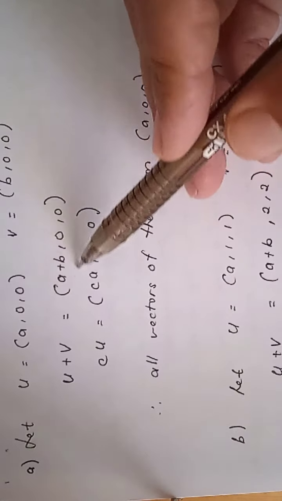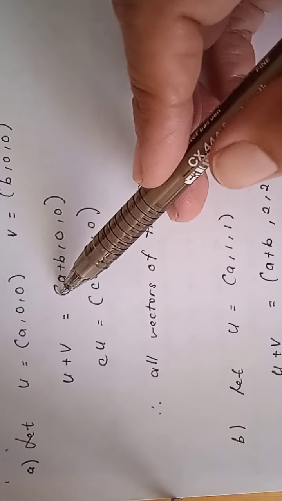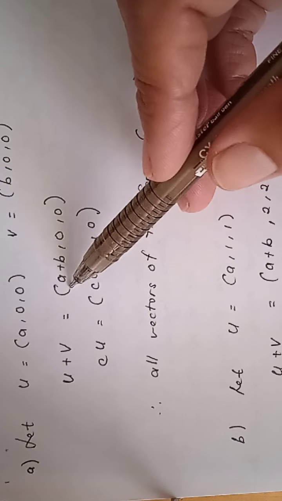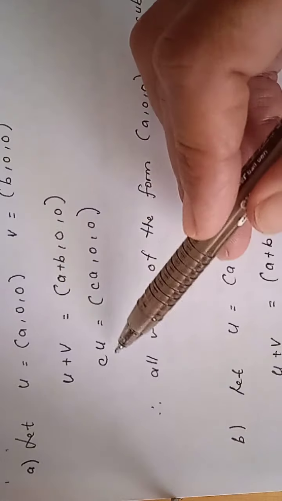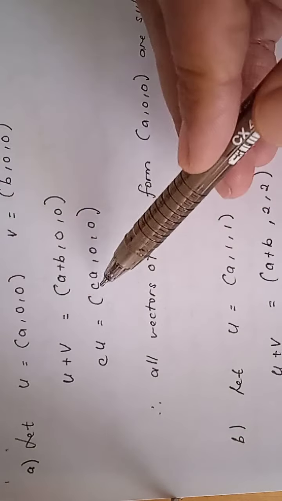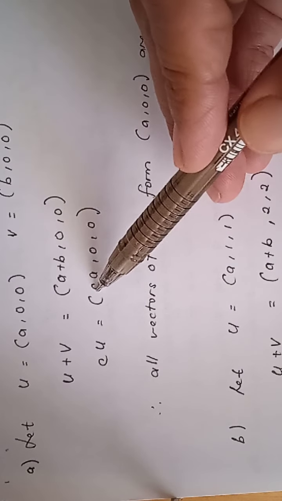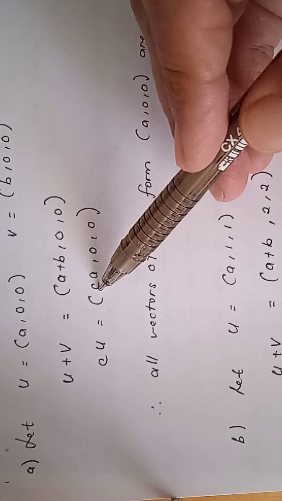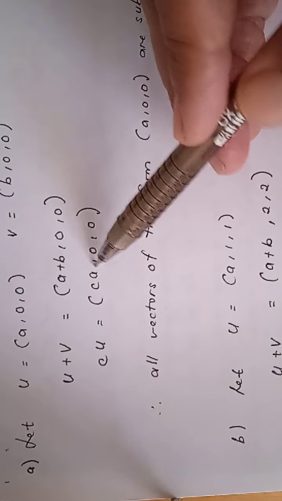So this is still in the set W. And C times U is (ca, 0, 0), which is also still a vector in W.